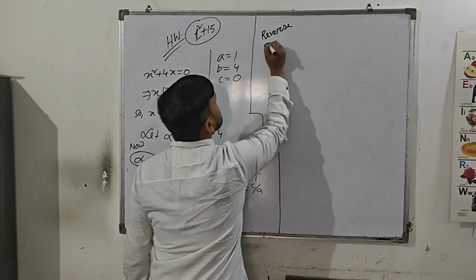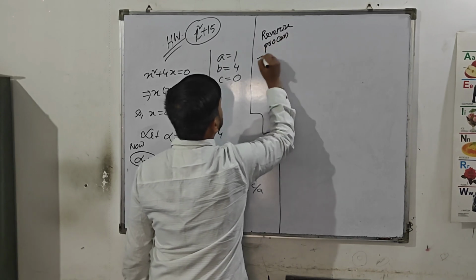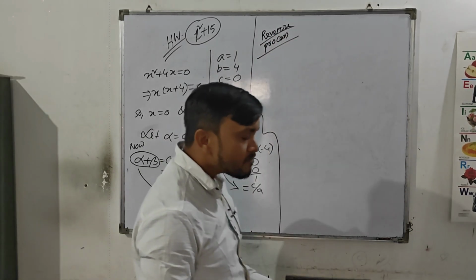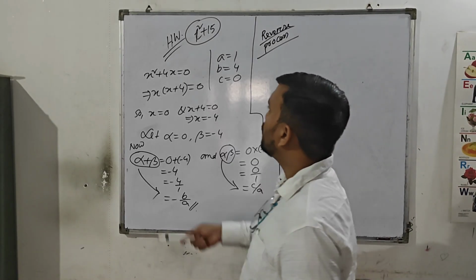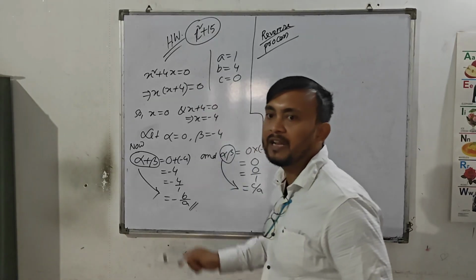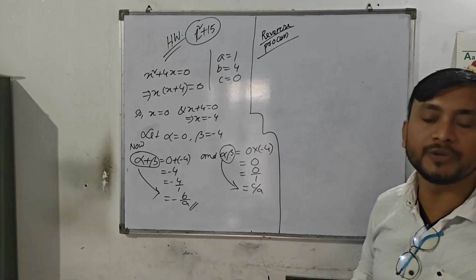Reverse process. Okay. Generally, when one polynomial is given, what are we supposed to do? We need to equate it with 0, then solve it to get the roots or zeros.